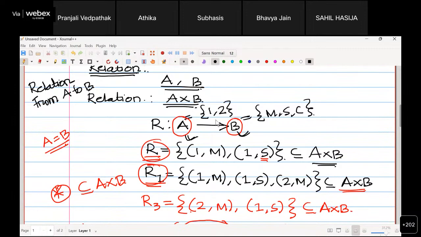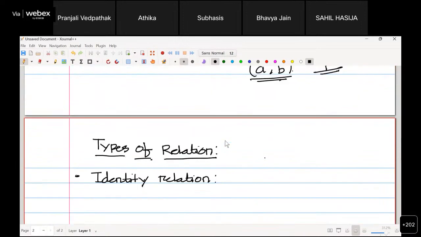But for identity relation, we'll stick to only relations that are from a set A to itself. We'll only consider all the relations that are from A to itself.